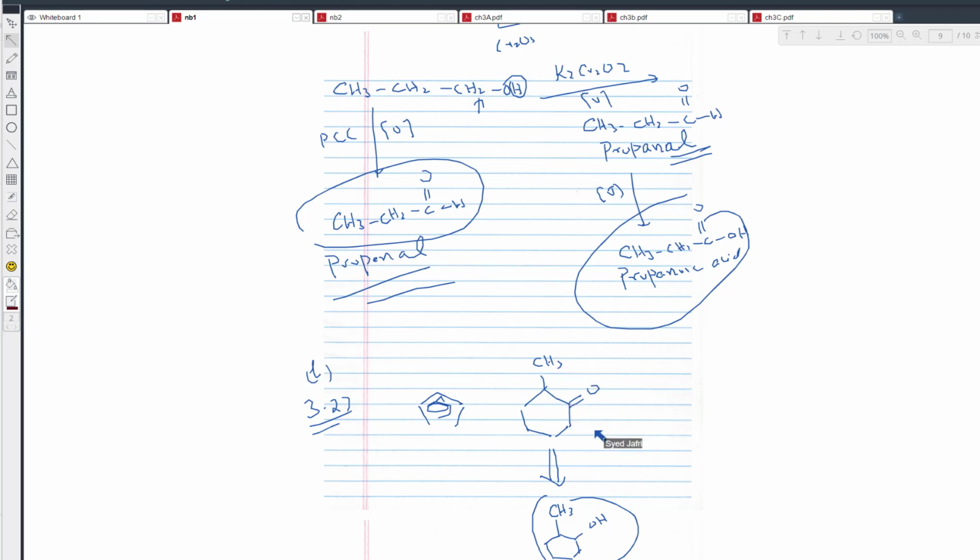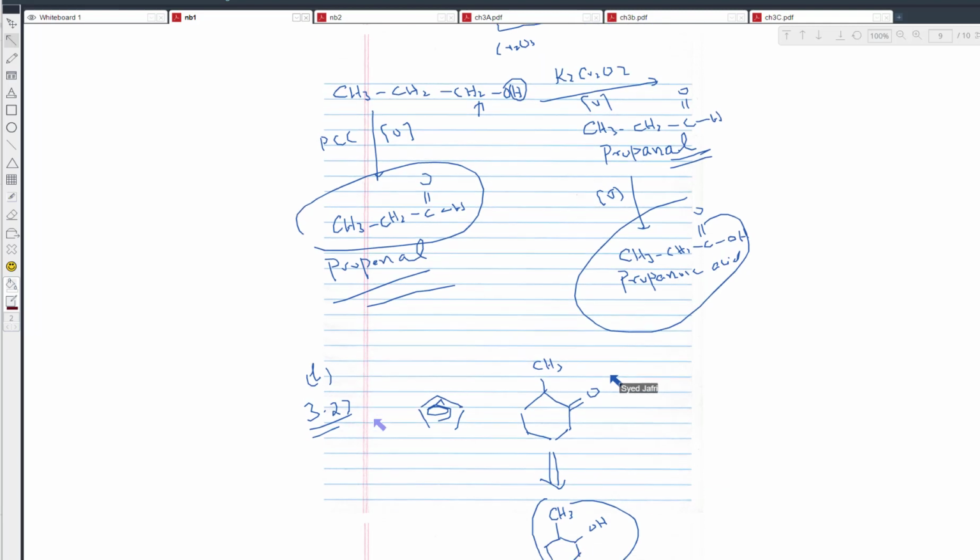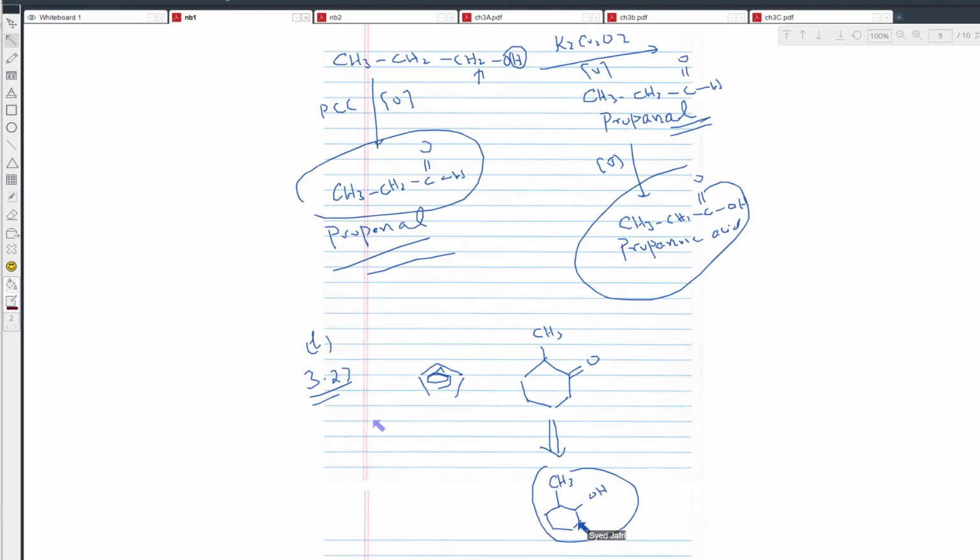For a ketone, we remove the E from the alkane name and put ONE. So 2-methylcyclohexanone. You're right, so this is the alcohol you need.